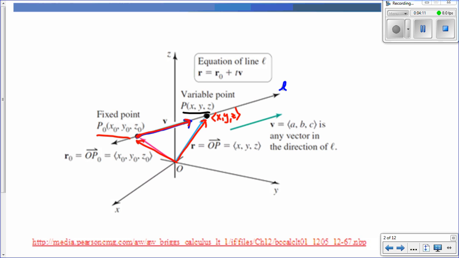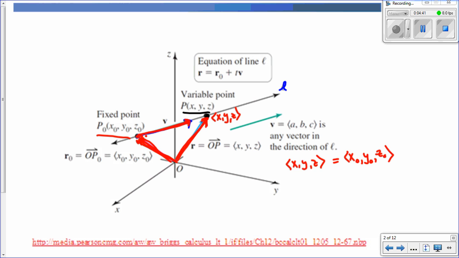So for any vector x, y, z for a point on that line, it will be the vector x naught, y naught, z naught, which is this vector right here. Remember how we add vectors? Tail to tip, and now we put this vector v so its tail is at the tip, and so the sum of those two vectors will be this.